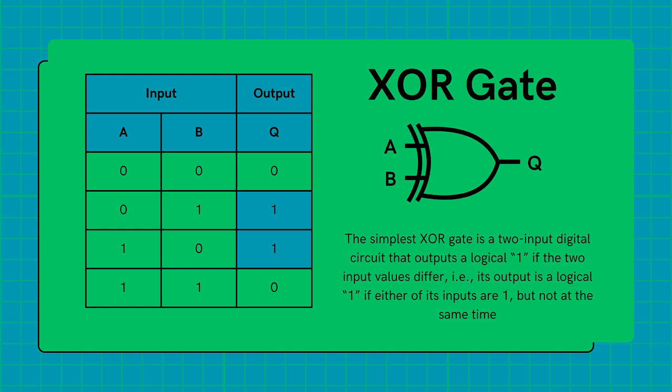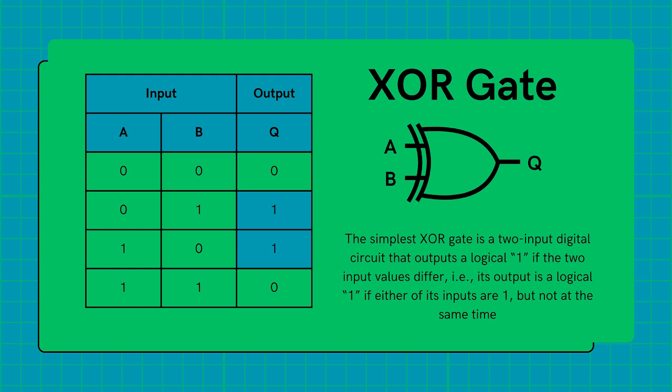You can see the truth table here. We have two inputs, A and B, and Q is the output. If A and B are 0, the output will be 0. But if either one of A or B is 1, the output will be on. But if both A and B are on, that is, they are 1 or high, the output will be 0.